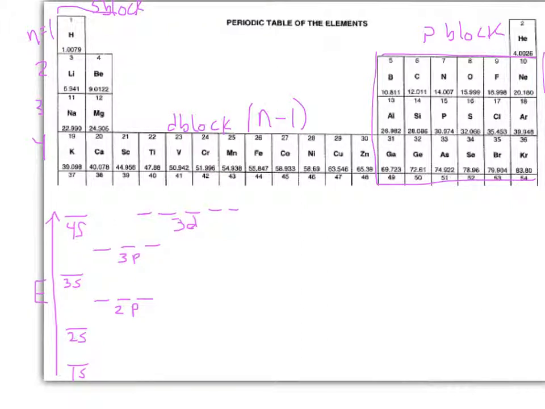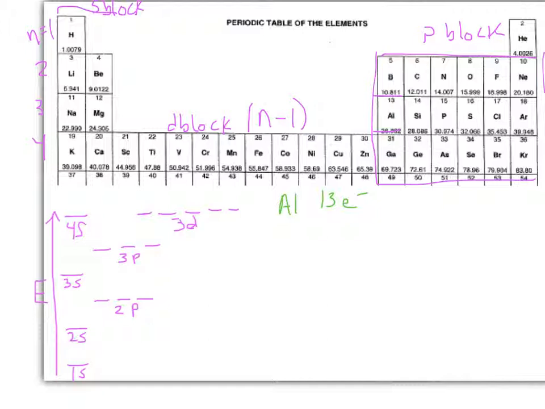All right, just to get warmed up, let's write the full electron configuration for aluminum. Aluminum's right there and has 13 electrons. When we finish writing our configuration, we should be able to account for all of those.